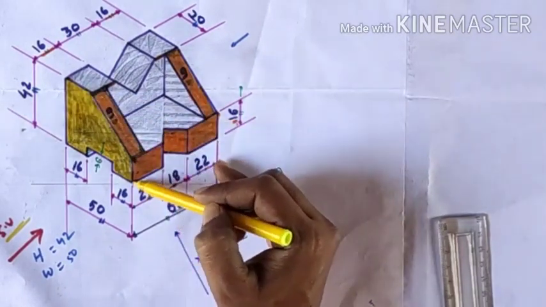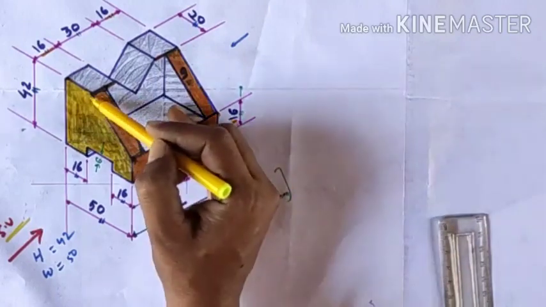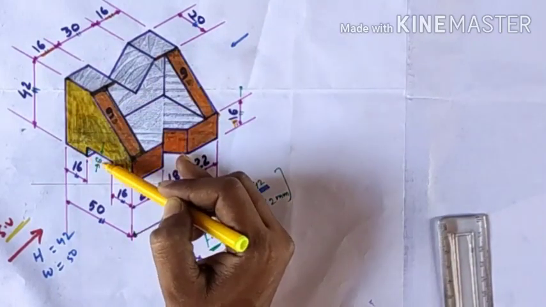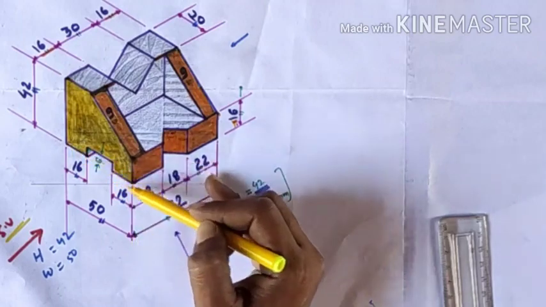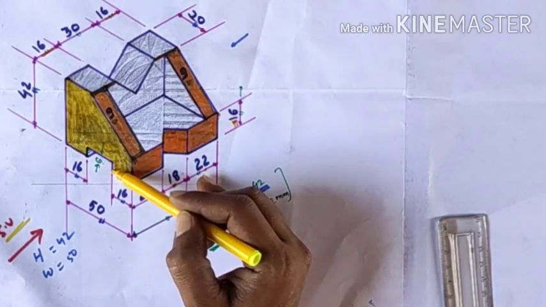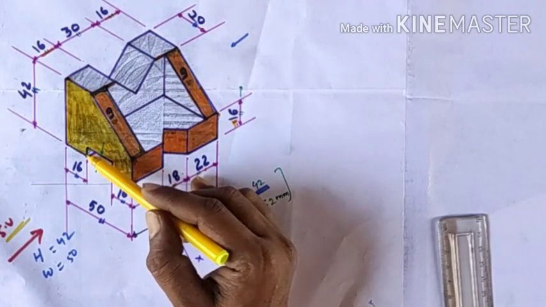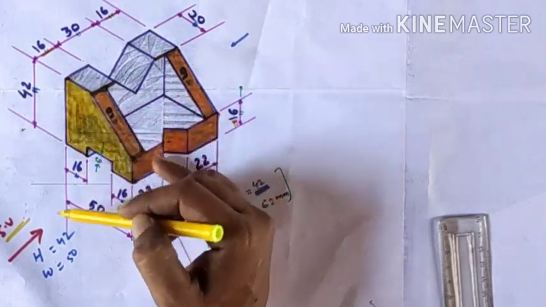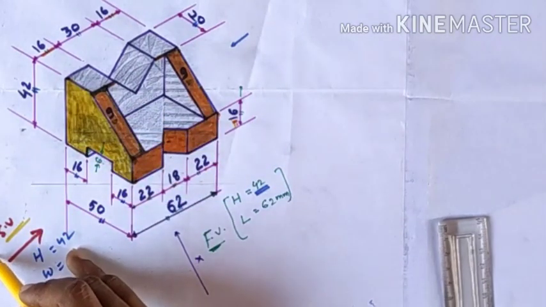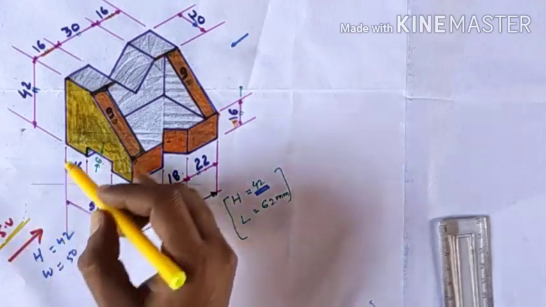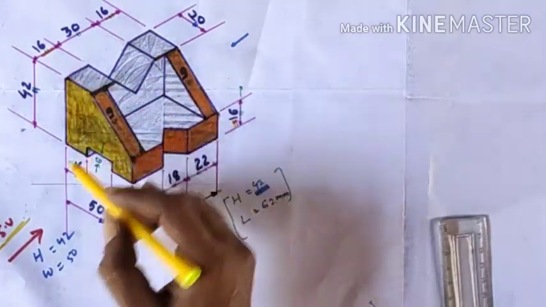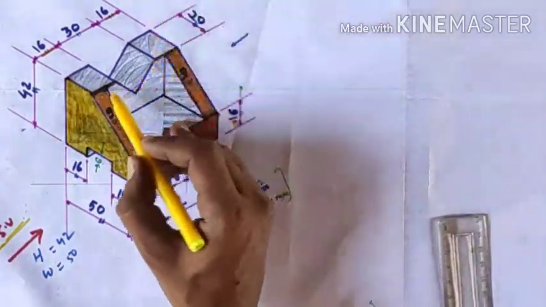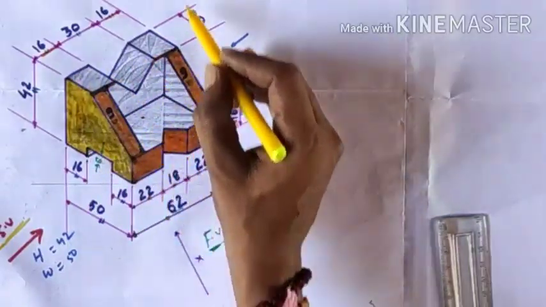Before joining it, we draw a straight line of about 16 mm, joining here and here about 16 mm, and from here again 16 mm, and the height is 6 mm, and totally you join this. So in total this color represents the side view.